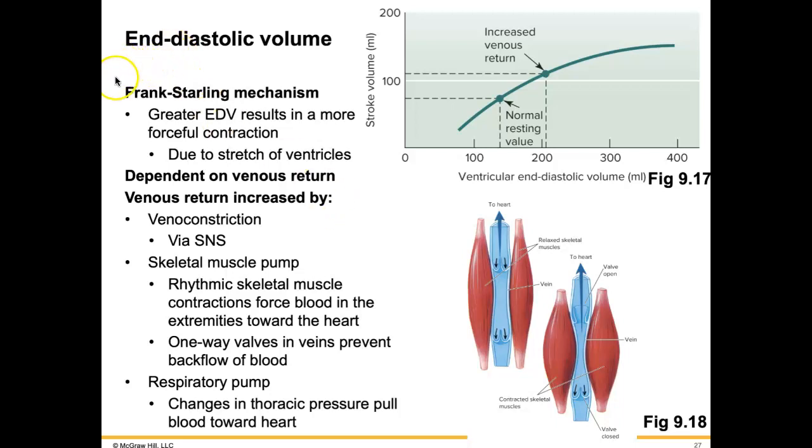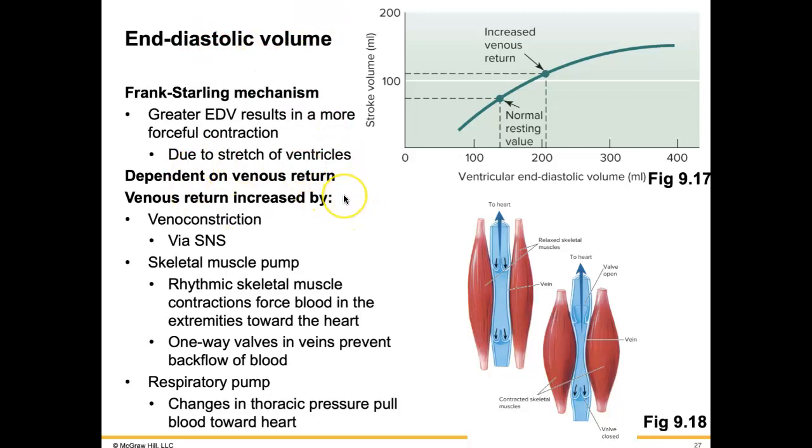So that is known as our Frank-Starling mechanism. We get a greater stretch of the ventricles, meaning we're going to get a greater contraction of the ventricle to push it out.